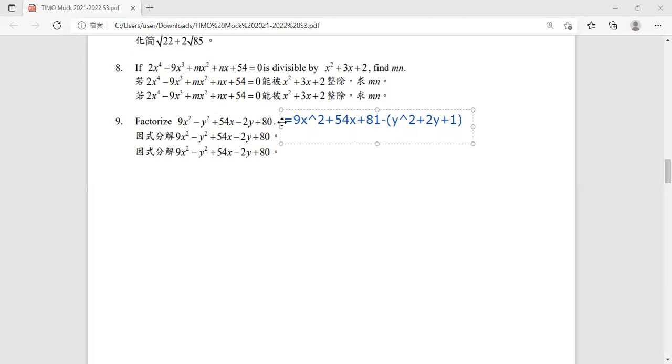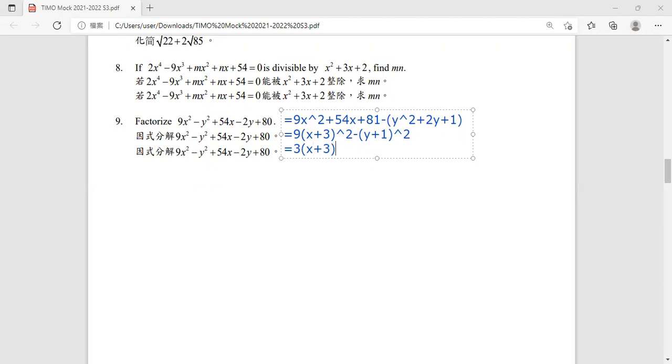Now what can I do here? You can take out a 9, which means that this is 9 times (x plus 3) squared minus (y plus 1) squared. Now you can see that something squared minus another thing squared. The difference of squares, you can just use the identity.